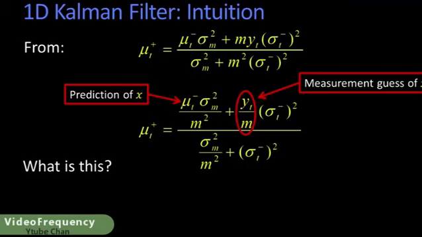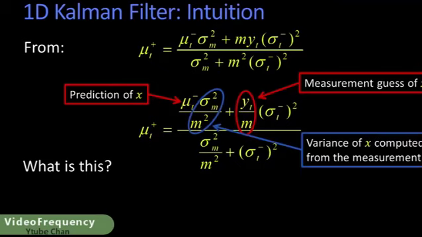How do we combine them? Well, what's this value? This is just sigma squared divided by m squared. That is the measurement's variance divided by m squared. That's the variance if you were to compute x just from the measurement. So this guy right here is the x computed just from the measurement.